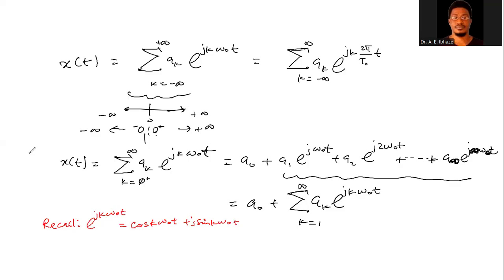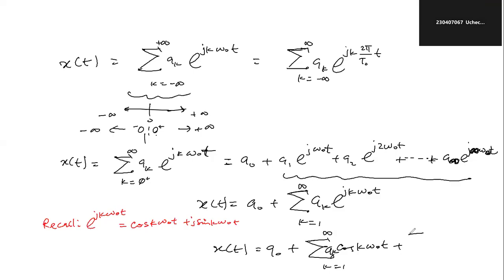Now, if that is correct, this is S of t, then S of t may be rewritten as a naught plus sigma, k from 1 to infinity, cos k omega naught t, a sub k, plus sigma k equal to 1 to infinity, j a sub k sine k omega naught t.